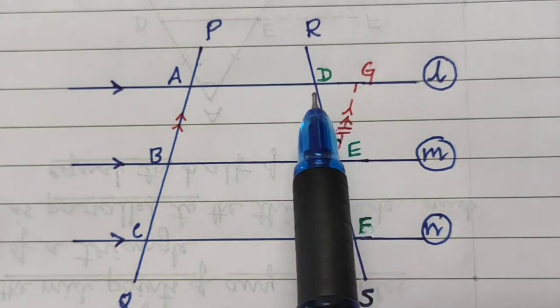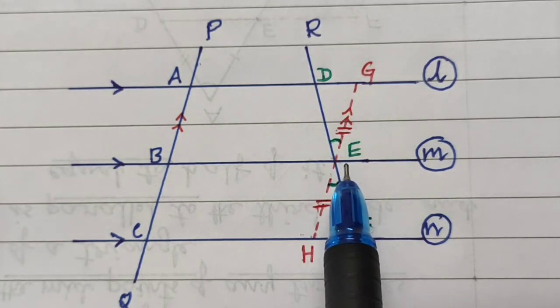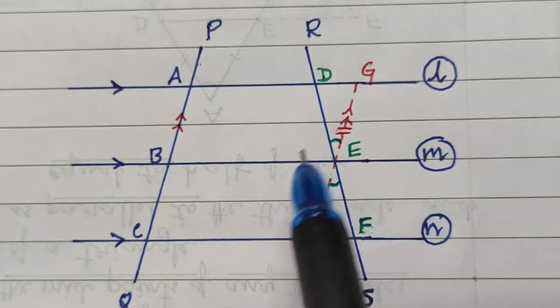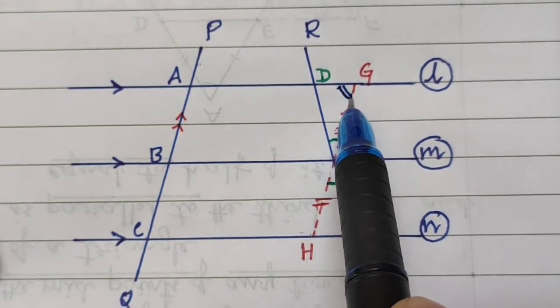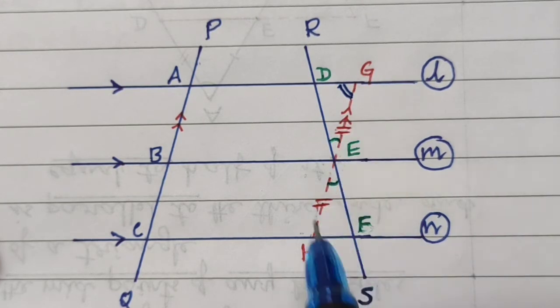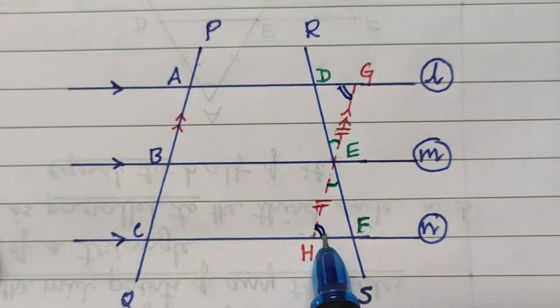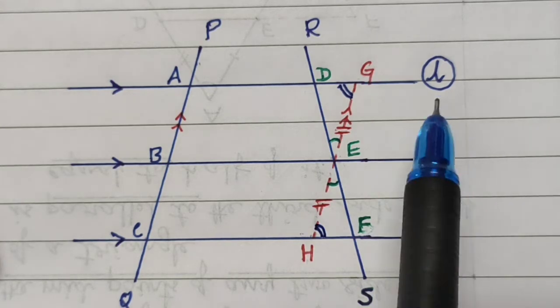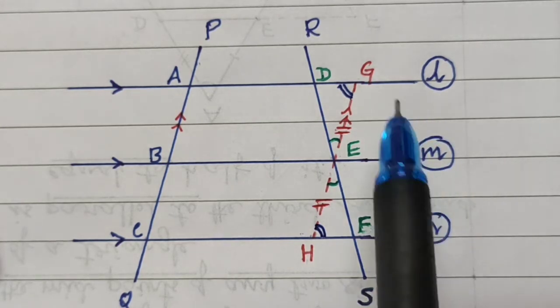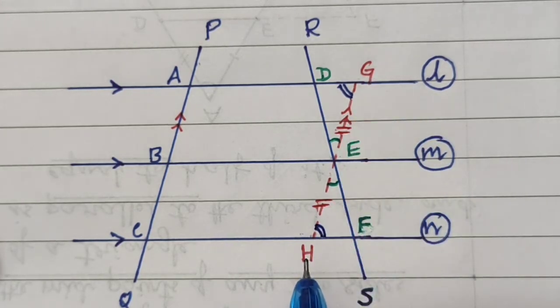Angle DGE is equal to angle EHF because alternate interior angles are equal, as L and N are parallel and GH is the transversal.